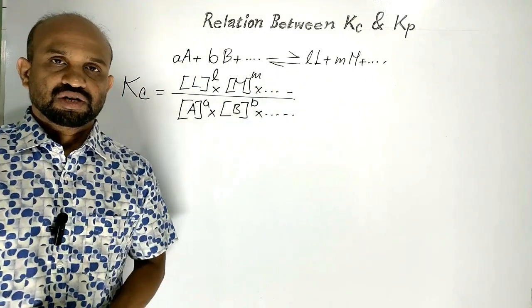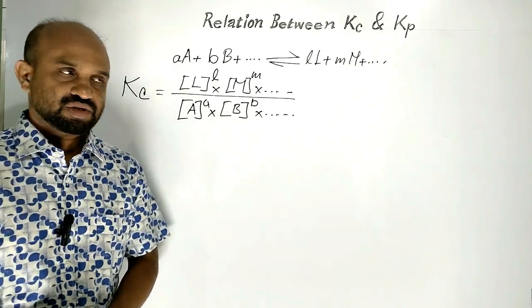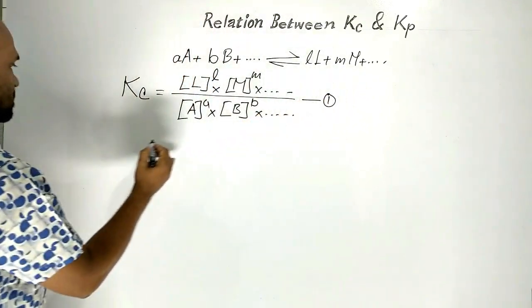This is the equation for Kc, equilibrium constant in molar concentration. Suppose this is equation number 1.